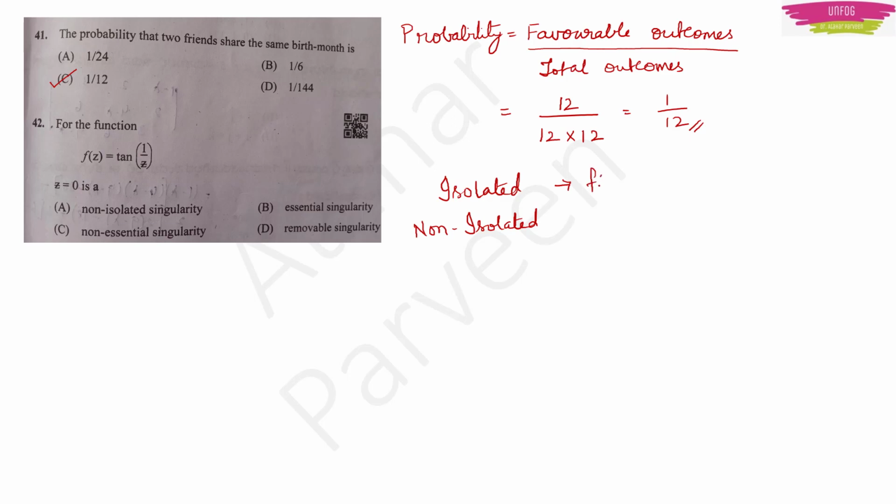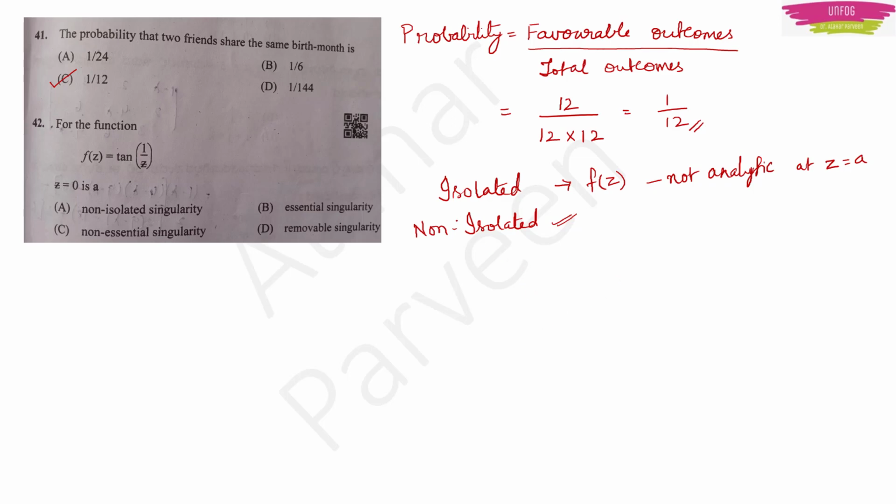Now this given function f of z, if this is not analytic at some point z is equal to a, but it is analytic at its neighborhood, this type of function is known as isolated. Now the function which is not isolated is called a non-isolated function. But there is one more thing which is very important here.